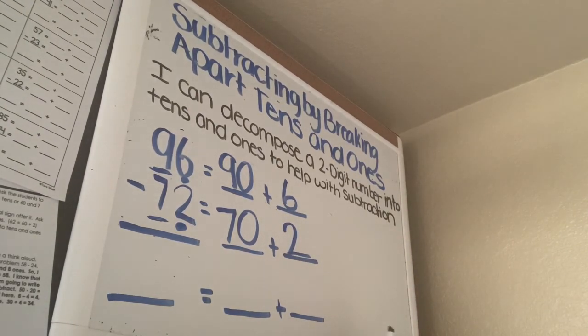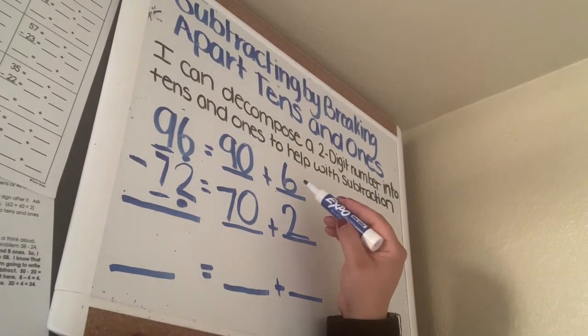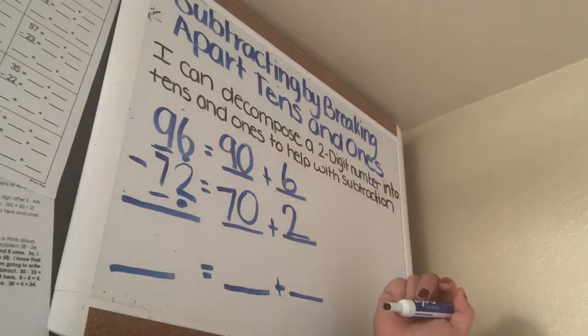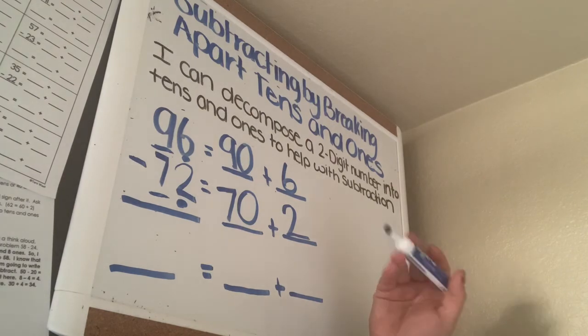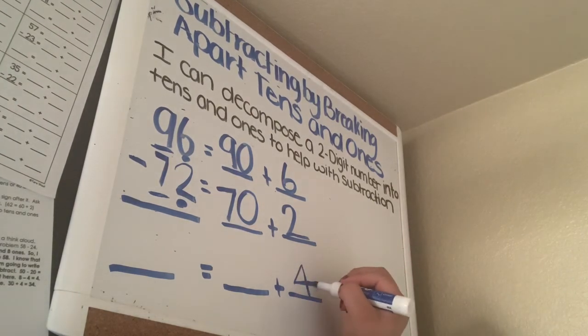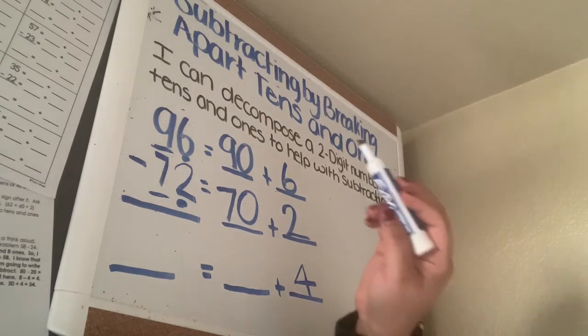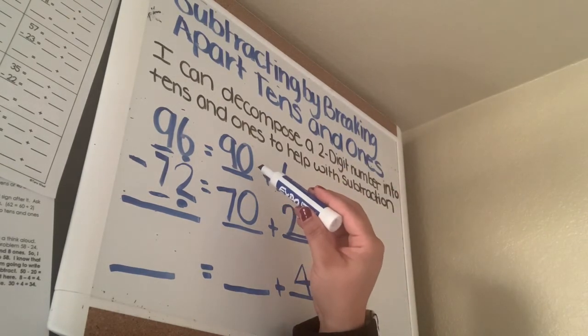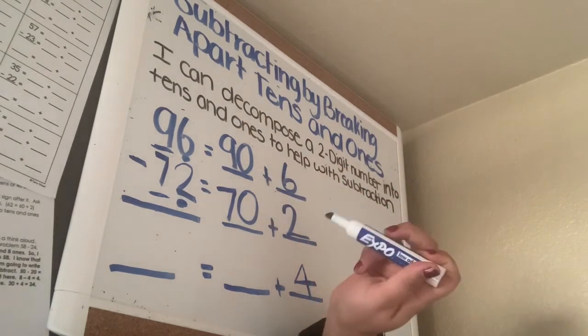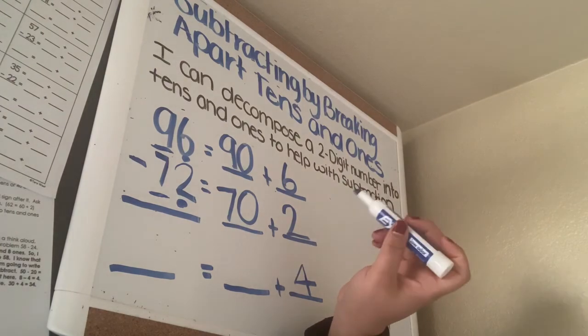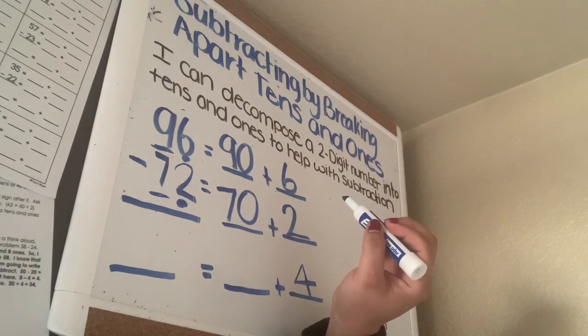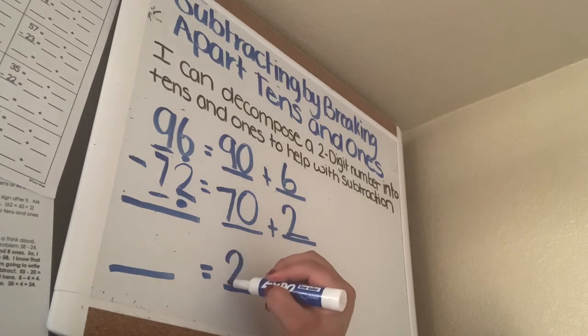Now it's time to subtract. What is 6 subtracted by 2? 4. Good job. Now what is 90 subtracted by 70? 20. Amazing job.